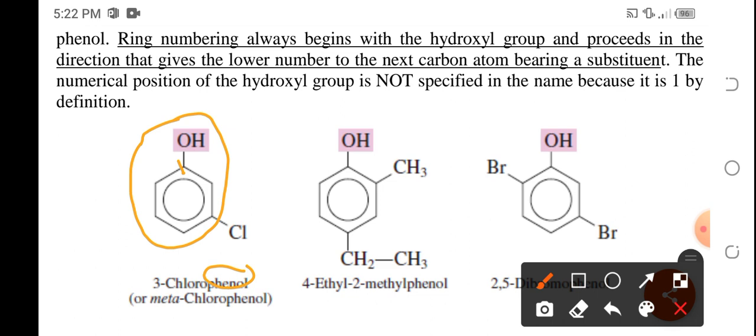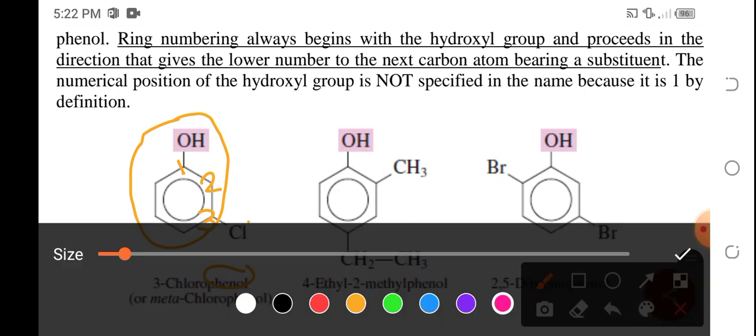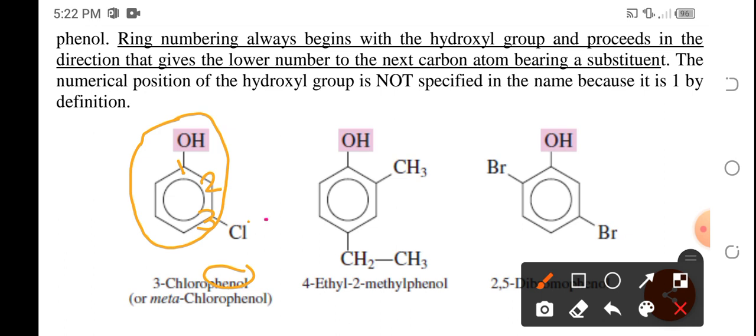So this would be numbered clockwise or counterclockwise for as long as you have to come up with the lowest number for the first encountered substituent. So doing so, this would be carbon number 2, 3, and the identity of the substituent attached to the phenol is chloro. Hence, this would be named as 3-chlorophenol or metachlorophenol for the 1,3 position.